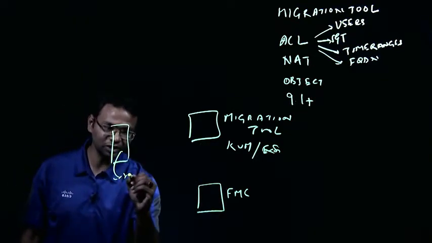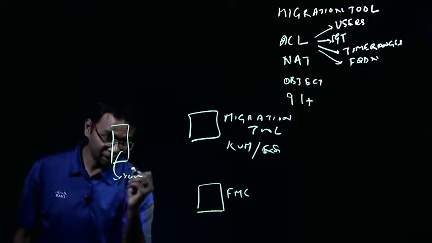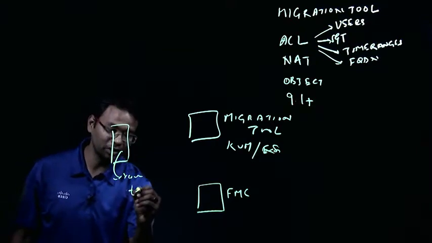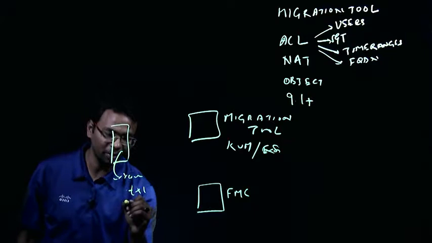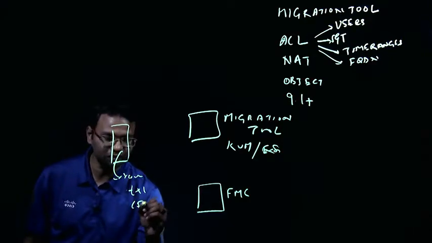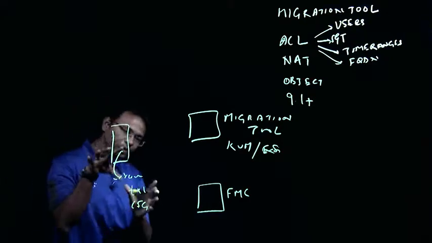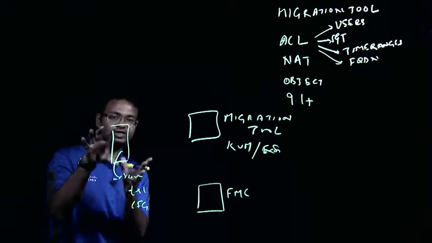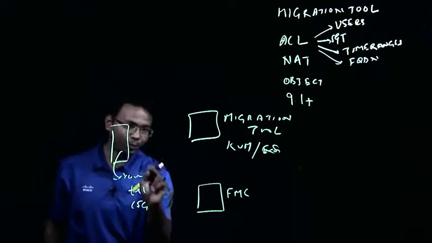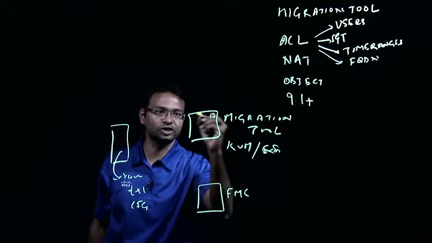Export the running configuration. The exported running configuration will be in either .txt format or .cfg format. Now you take this running configuration that you exported and import it into the migration tool.